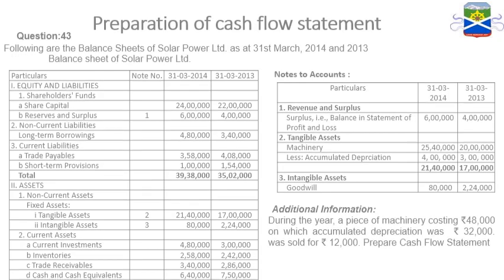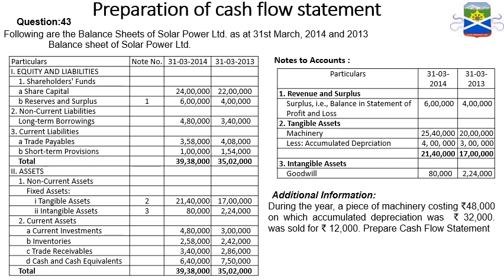Since we know the three activities, operating, investing and financing activity, finally we are going to prepare the cash flow statement, and based on that a question is given: complete the balance sheet. Under equity and liabilities, shareholders' fund, share capital, if you look at the question, 2 lakhs is increase, reserve and surplus 2 lakhs also increase, and long-term borrowings is 40,000 increase.